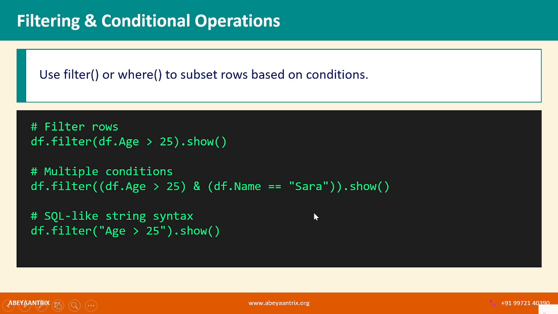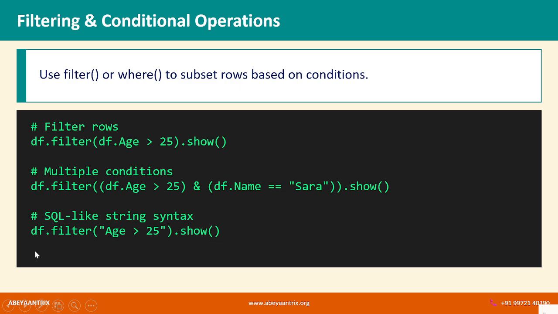One is age is greater than 25 and name should be Sarah. So two conditions; any n number of conditions you can give, but they should be joined with the AND operator. And finally .show().